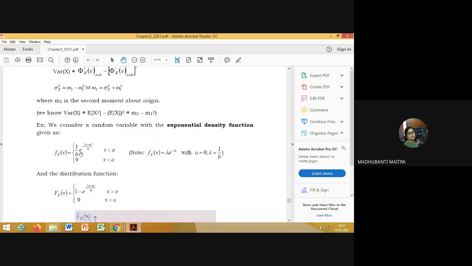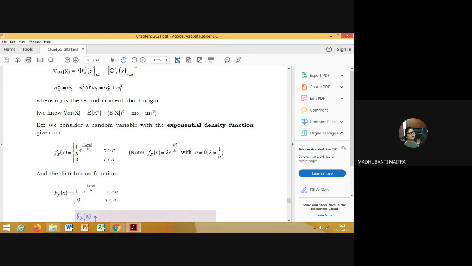Here we have described the exponential distribution function with the help of two parameters, one is b, the other one is a, right? But the generic expression of an exponential density function is like this: fx is equal to lambda e to the power minus lambda x.